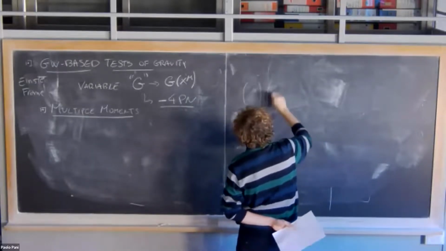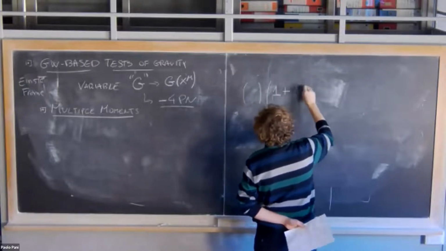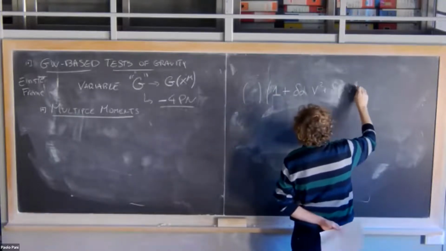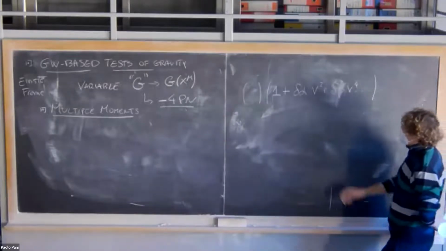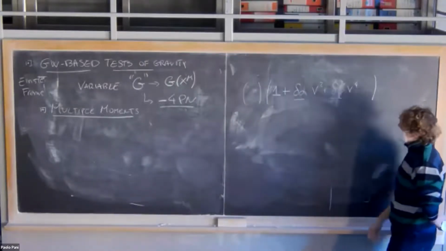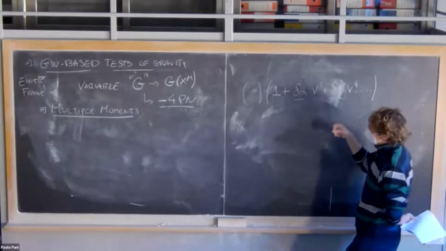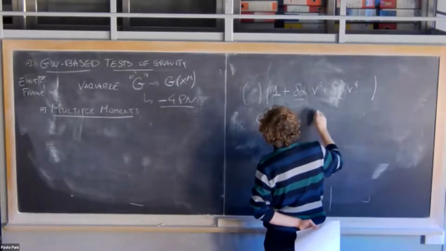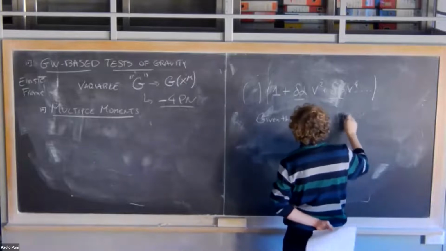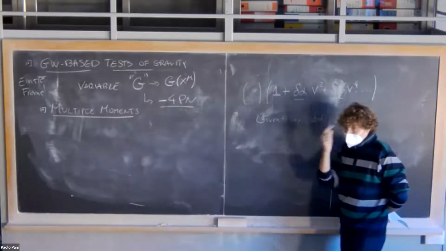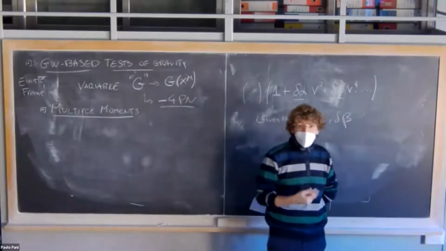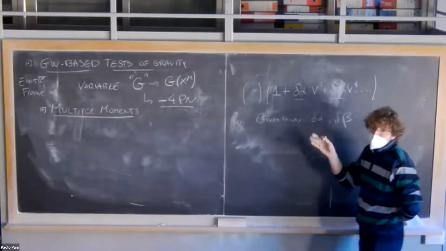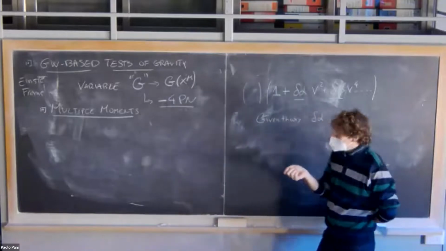One has a correction that is 1 plus delta alpha v squared plus delta beta v to the fourth, etc. When these terms here in the parameterization are totally independent, but maybe for a given theory, delta alpha and delta beta are related, right? Because maybe for a given theory there is just a single coupling constant, that is, say, the new coupling constant of the theory, and therefore these quantities will be fixed once the masses, spins, and the coupling constant of the theory are known.